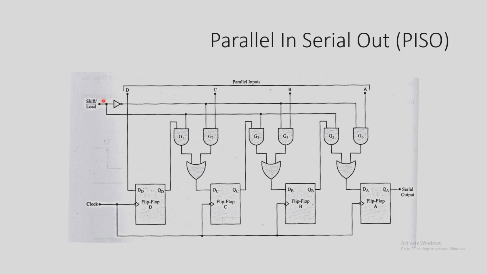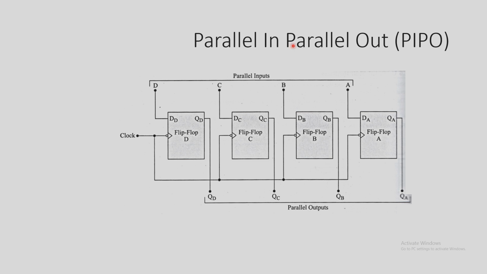So while inputting, you put a 0 here, it will load data in a parallel manner, and while outputting you put 1 here, so it will be connected in a serial manner and output will be provided. Input is done in a parallel manner and output in a serial manner, but you have to provide the appropriate signal here. If you want to load data, you put a 0 signal here, and if you want to take output, meaning shift the data, you put a 1 here.